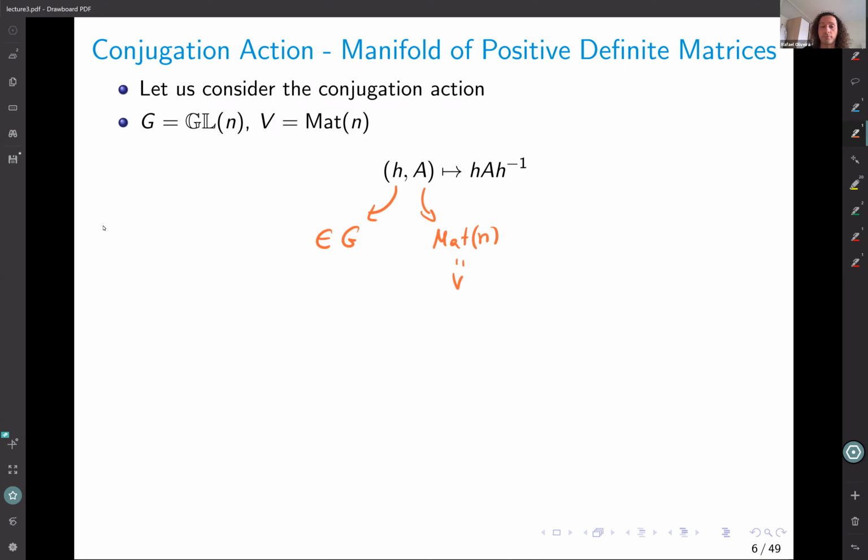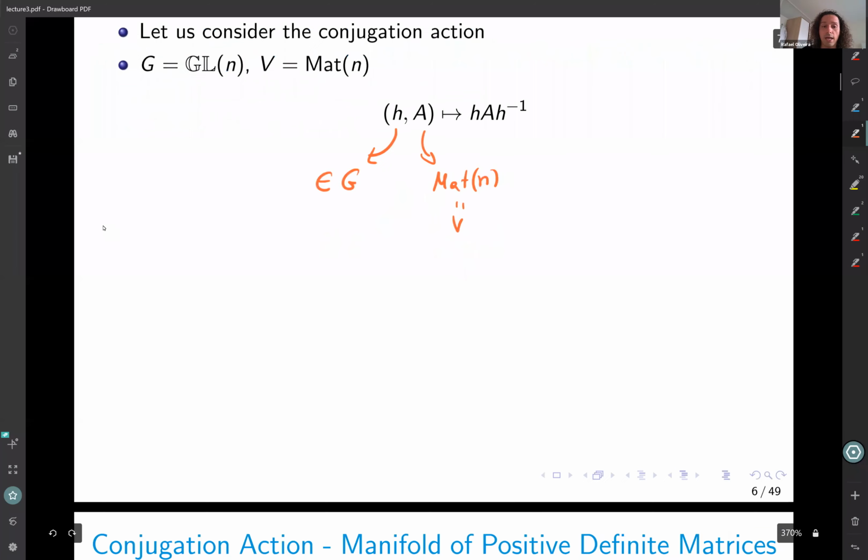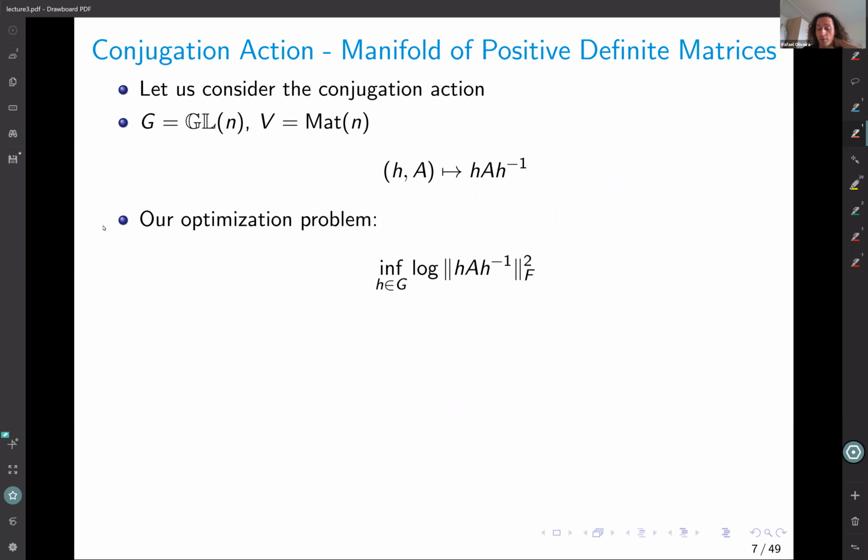The conjugation of A. And now, what is our optimization problem? If you remember, we can either say that it's the capacity problem or the log of the capacity problem. We could call this the log capacity of A. It's the infimum over all elements H of the group G of the log of the L2 norm squared of our group action here.